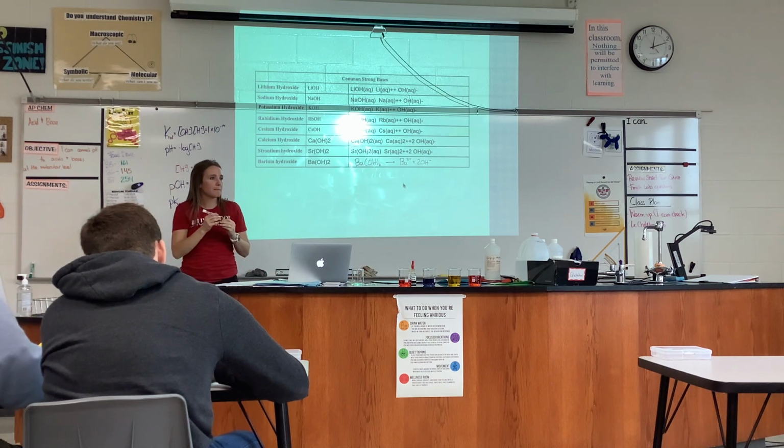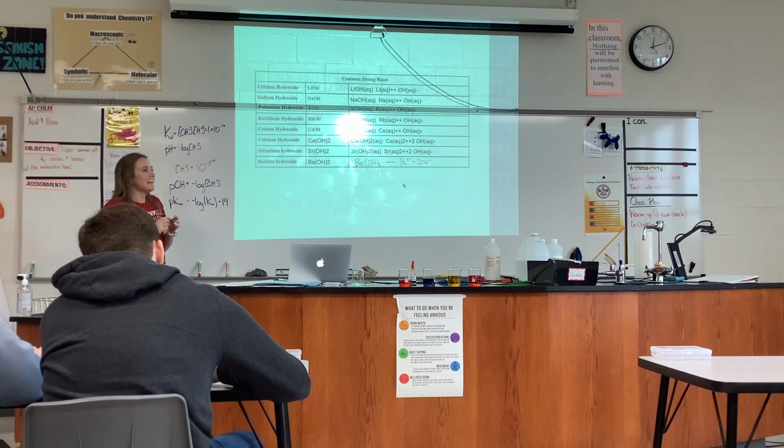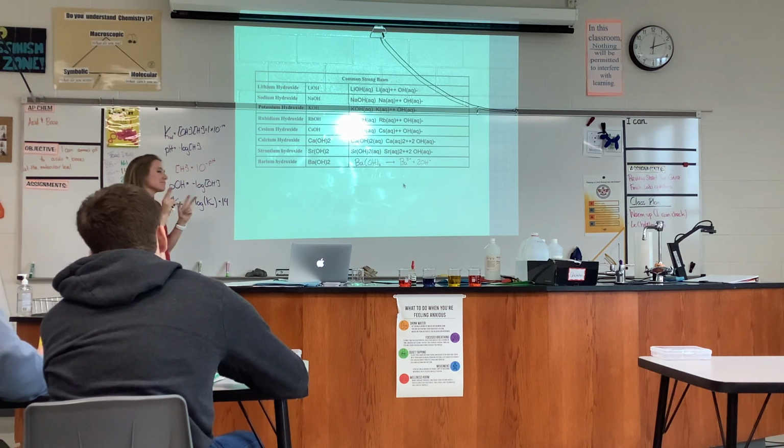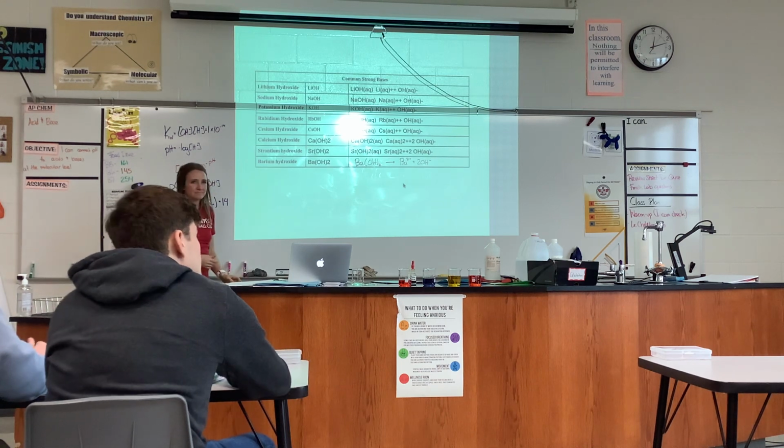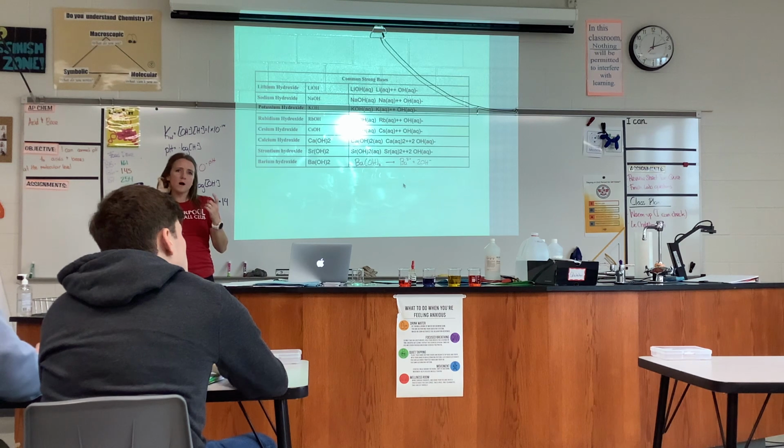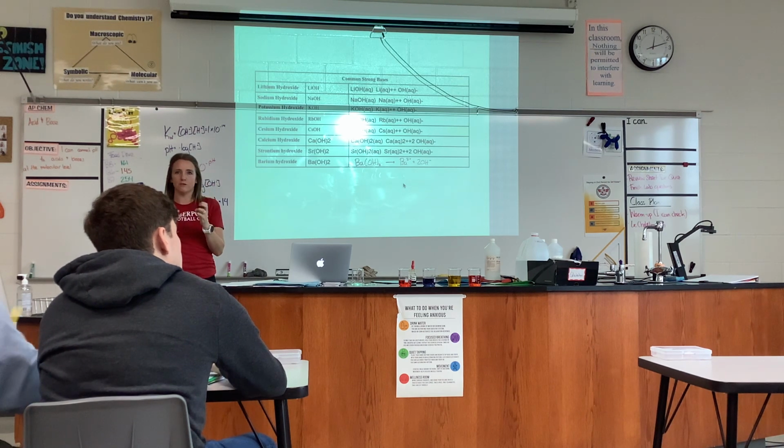Would francium or radium do that? Theoretically, yes. There's not enough of them on Earth because they're so radioactive, but theoretically we'd say they're probably strong bases as well. Good observation. Okay, questions on what makes something a strong acid or strong base at the molecular level?